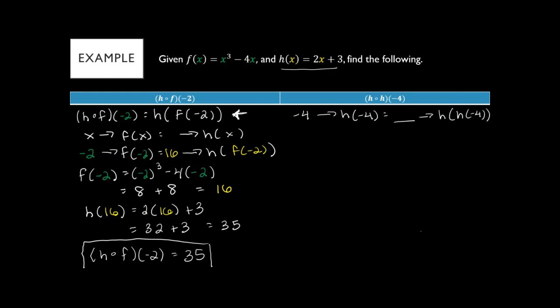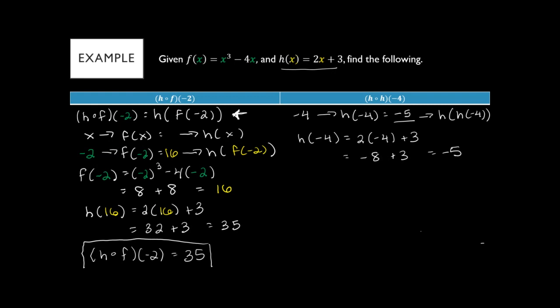So you're reusing the same function here. First, I need to find H of -4. That's going to be 2 times -4 plus 3. So 2 times -4 is -8, plus 3, and that gives us -5.